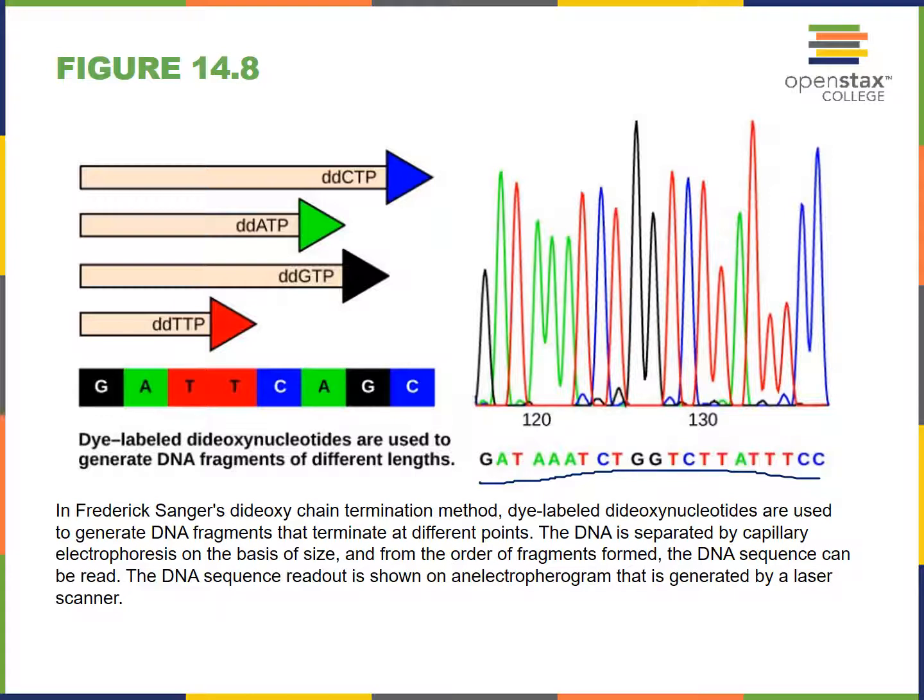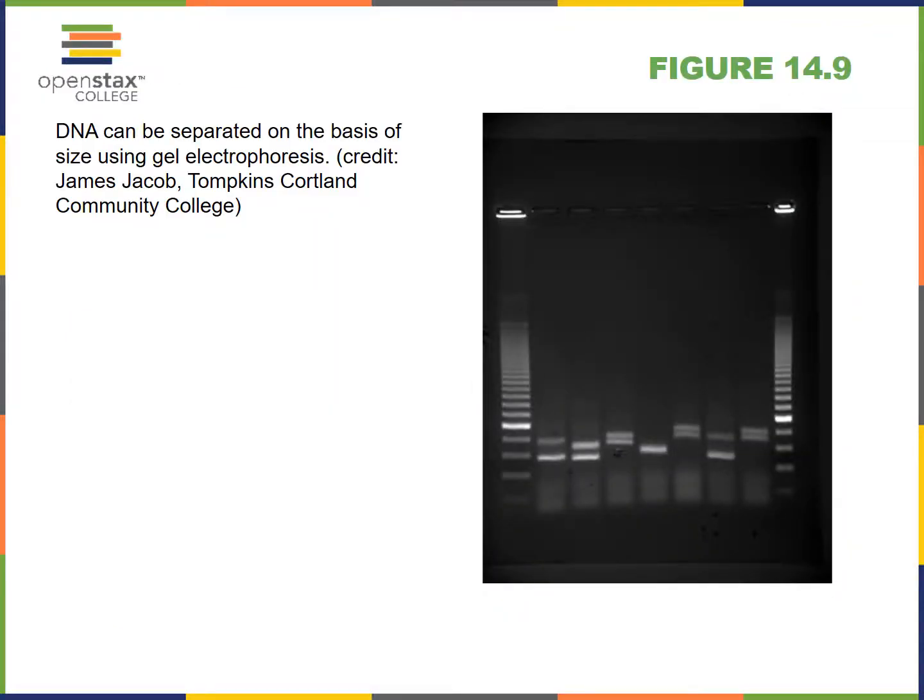It's something that can be done very quickly now because it's been automated. Along with the Sanger method of DNA sequencing, you had to do gel electrophoresis. I think I'm going to save this for the next chapter. I'll talk about gel electrophoresis then.